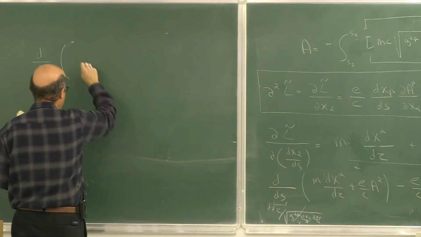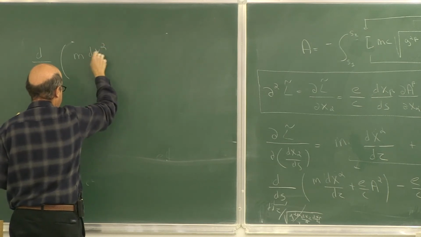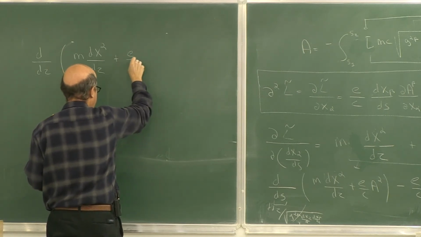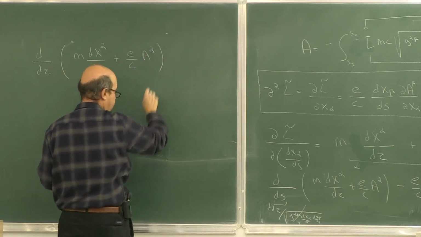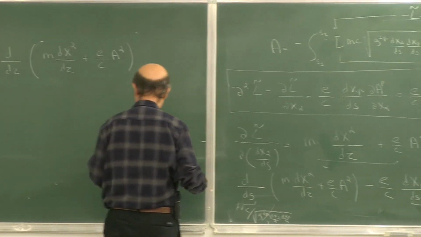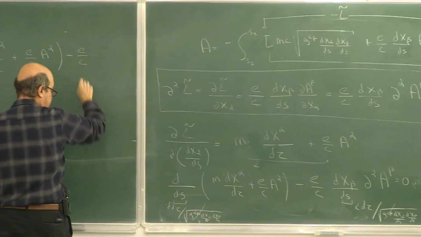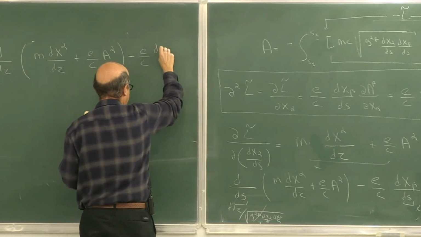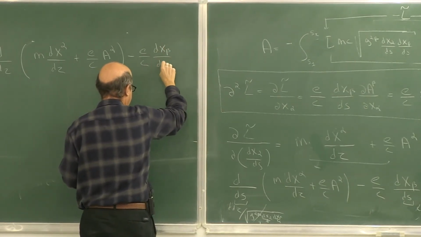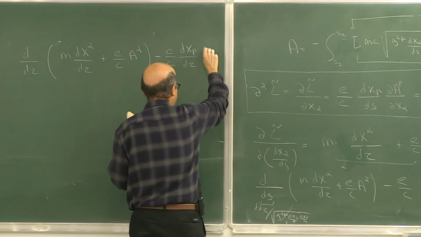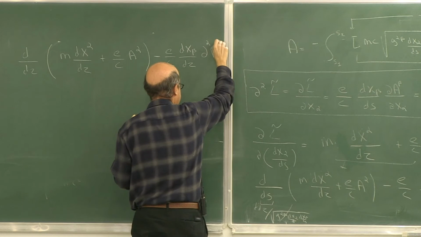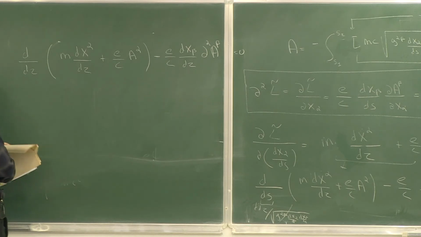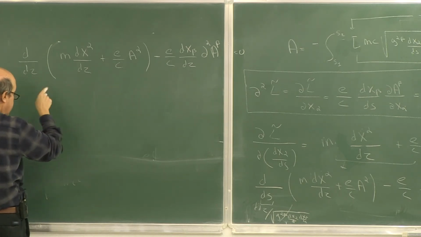times m dx alpha over d tau, and the other term plus e over c A alpha, minus e over c dx beta over d tau times del alpha A beta, is equal to 0. So we are coming to the end. So basically the situation is the following.